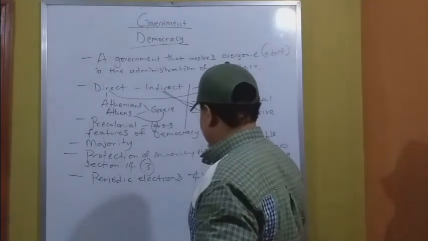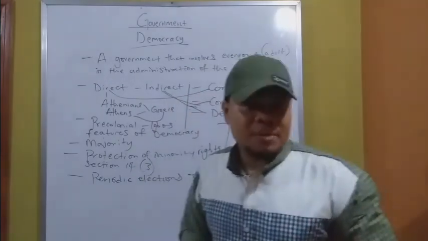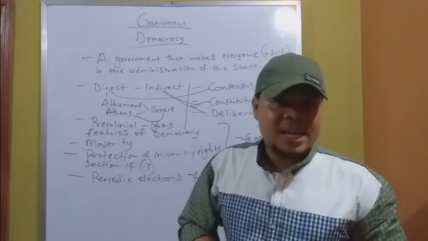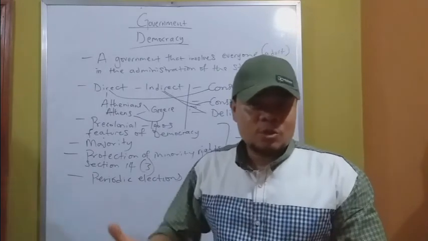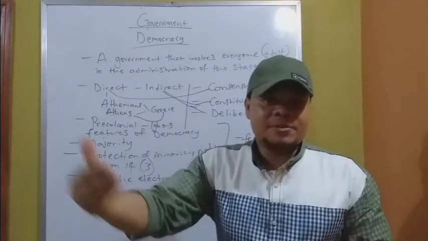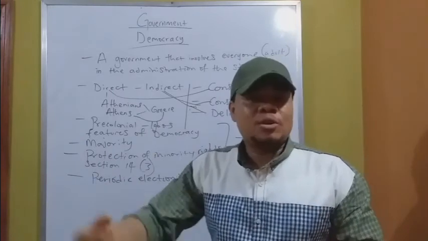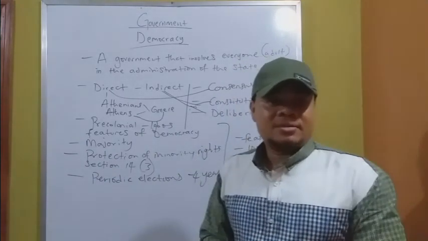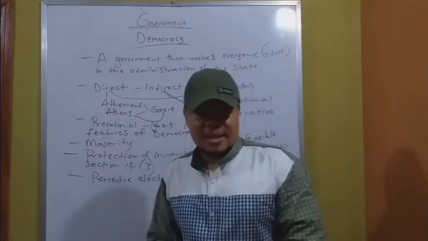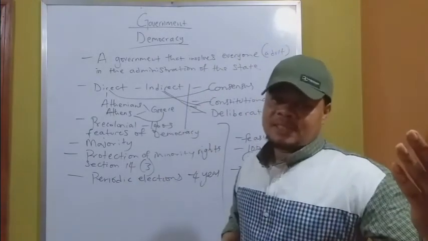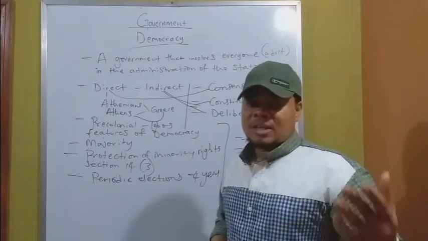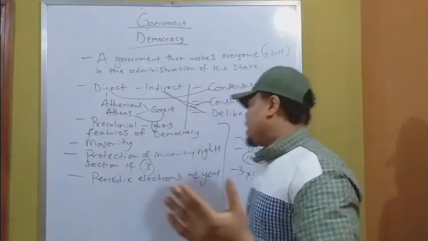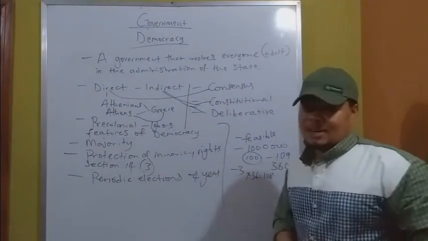And in the local government, the tenure for chairmen and councillors is 3 years. So general elections are conducted in Nigeria every 4 years, but periodic elections in the local governments are conducted every 3 years. We have 774 local governments in Nigeria. We have 36 states. We have 109 senators, and we have 360 House of Reps members.